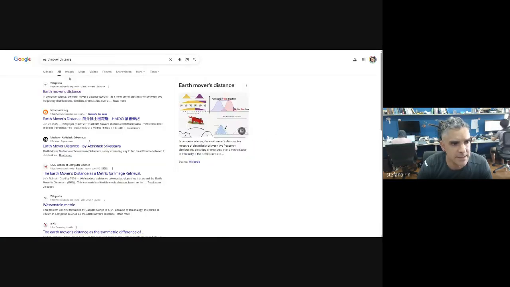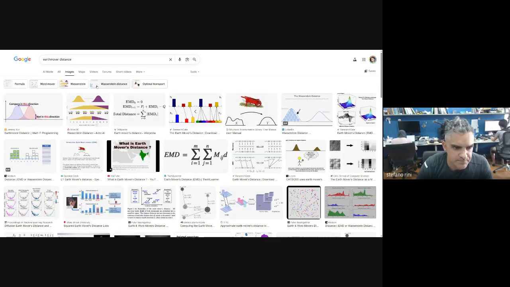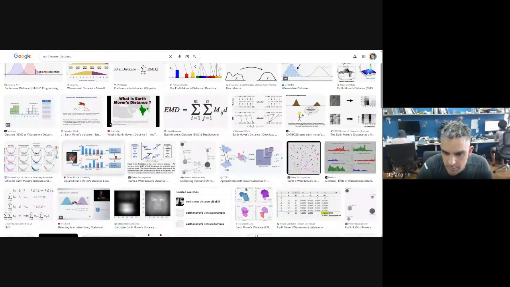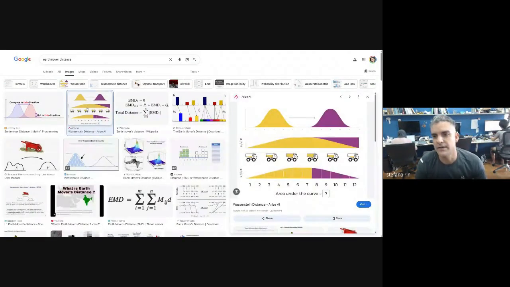So the earth mover distance, right? Let me see if there is a nicer plot. Something like this, right? Let's see if I click here, is it going to be a mess? No, not too good.